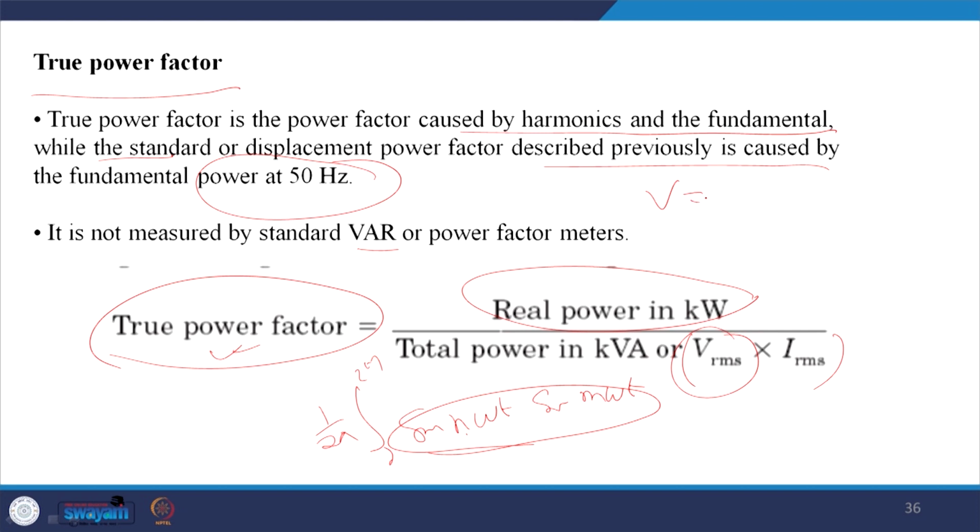When you talk about VRMS and you have all the fundamental and the harmonic content, then V1 square plus V5 square plus V7 square plus V11 square all has to be factored in, and that value will be your VRMS.